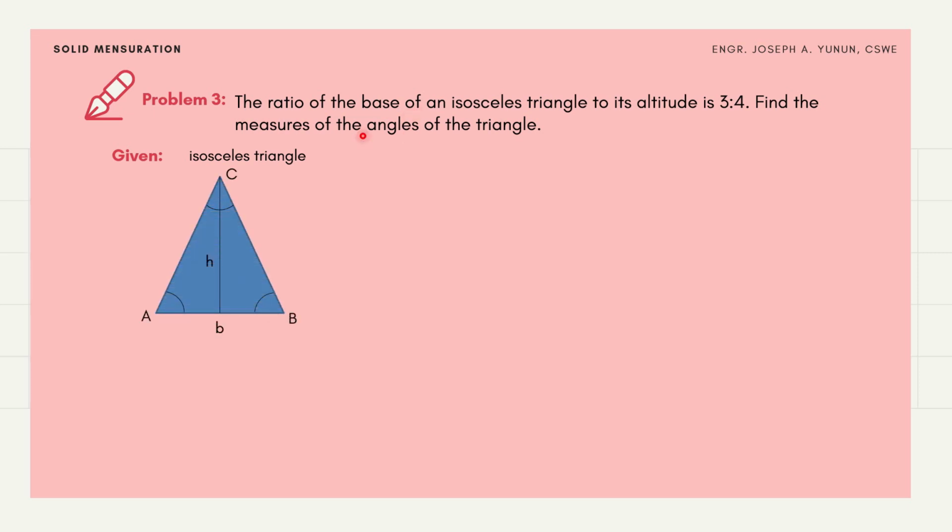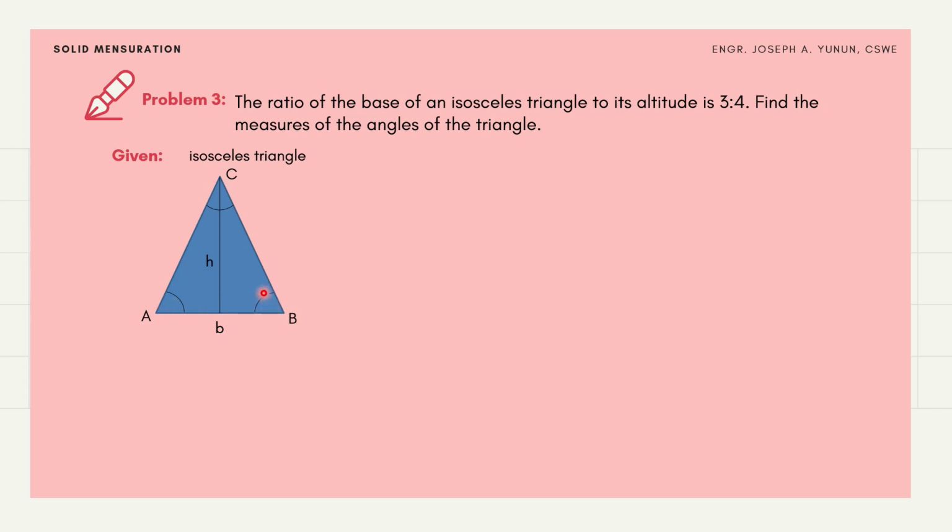Side AC and side BC are congruent; they are equal in measurement. The angles opposite those 2 congruent sides are congruent angles, which are A and B. And these angles, A and B, are called the base angles.